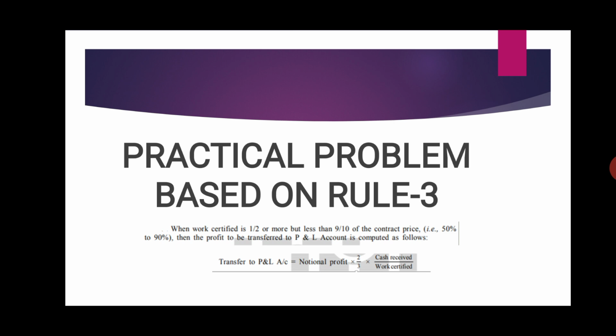It is near to completion, but more than half of the work has been certified. Then how much profit are you going to transfer to the profit and loss account? That will be 2/3 of the notional profit into cash received divided by work certified. So let us see certain illustrations based on this rule.